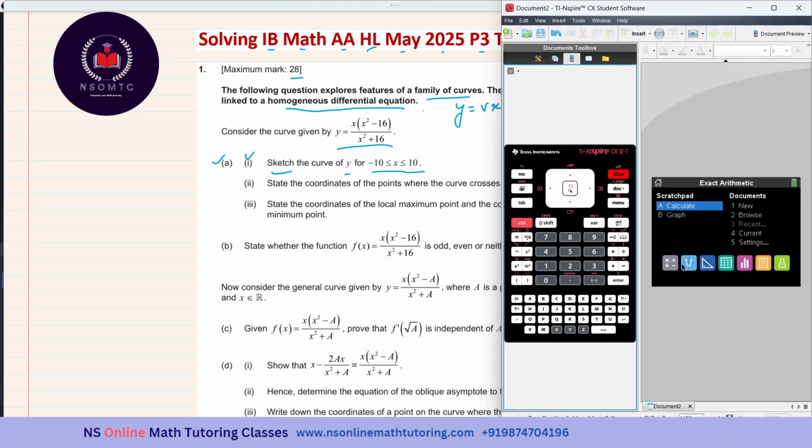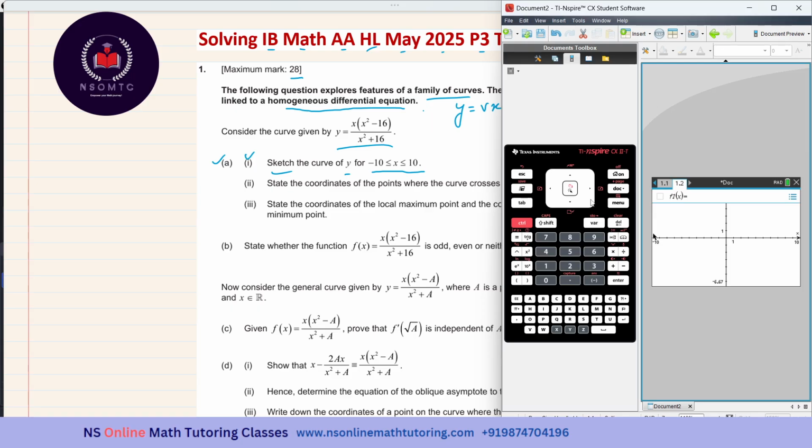the graph, and we have to input the expression. It is x square minus 16 over x square plus 16.